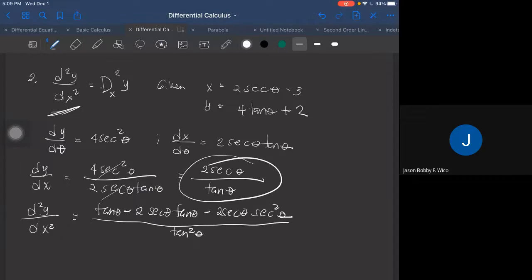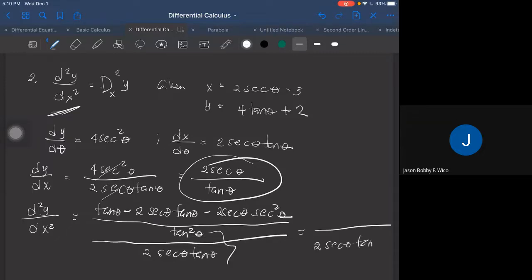Kasi low squared. Pero meron ka pang dx d theta, and your dx d theta is 2 secant theta tangent theta. We have 2 secant theta tangent squared theta. And so we have 1, 2, 3 terms.